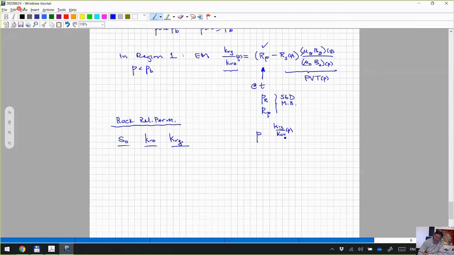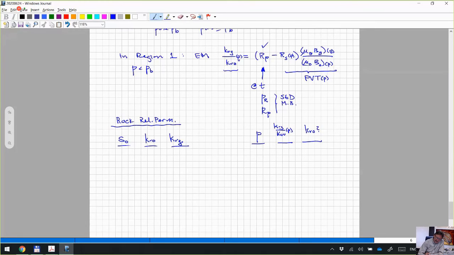We knew that as a function of pressure. And all we need is KRO, in the mobility of oil. So how do we get this? Well, if I gave you a table of oil saturation, KRO, and KRG, and I said the ratio KG over KO is 1, okay? How would you go get the KRO?